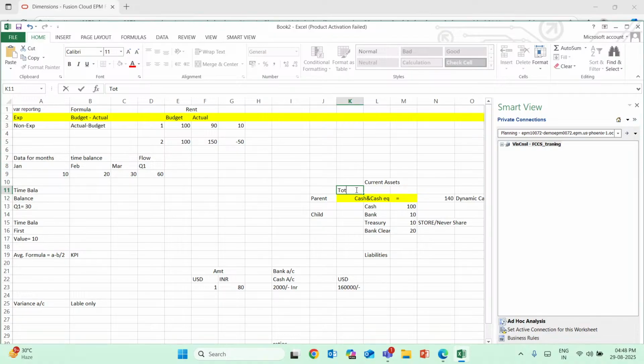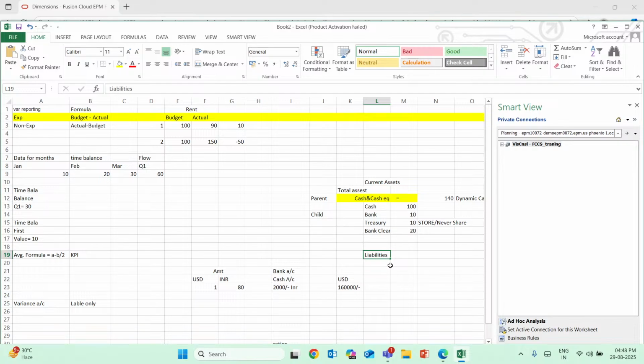So total assets, current assets would be assets minus liabilities, or assets minus liability minus equity.